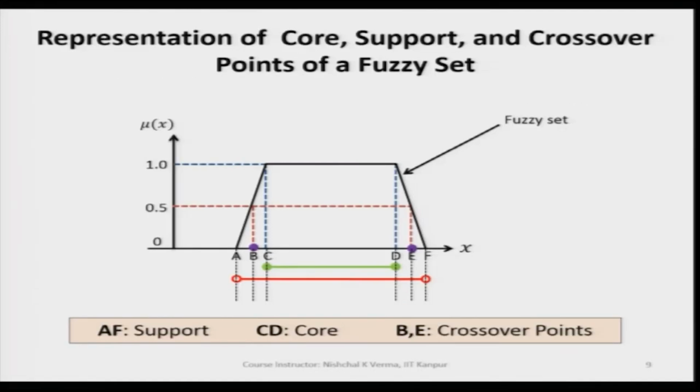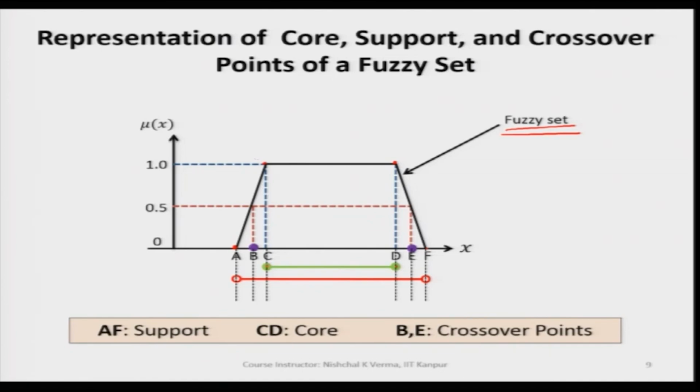Now, here is a representation of core, support and crossover points of a fuzzy set. Let us take some fuzzy set which is a trapezoidal fuzzy set here. If we are interested in the core of this fuzzy set, we can clearly see here that as per the definition, the core of the fuzzy set is represented by the line CD.